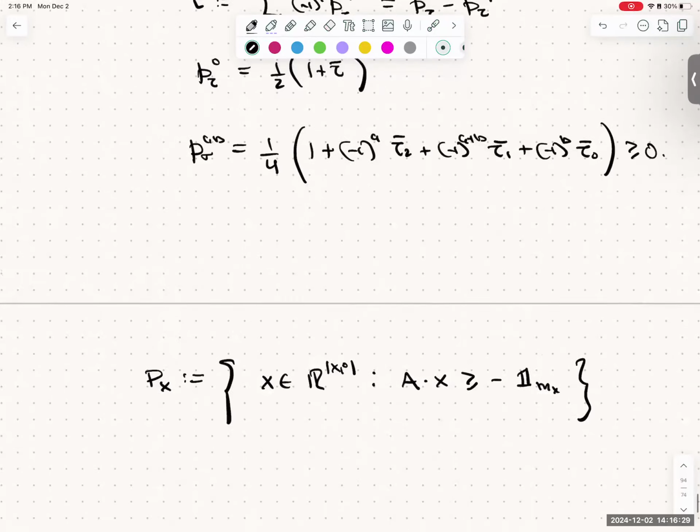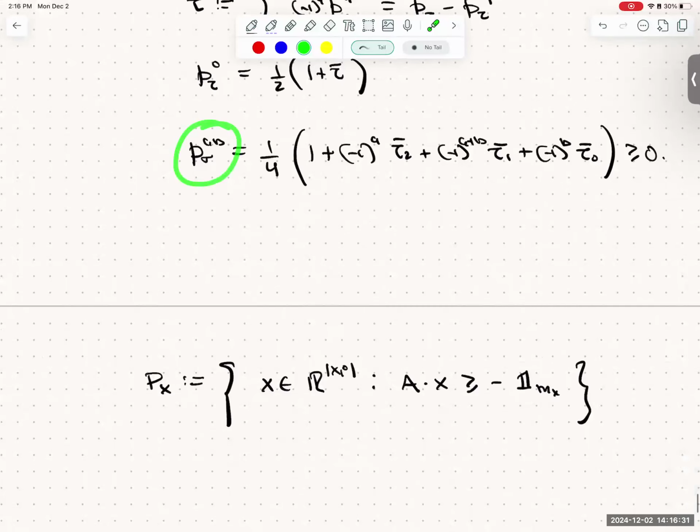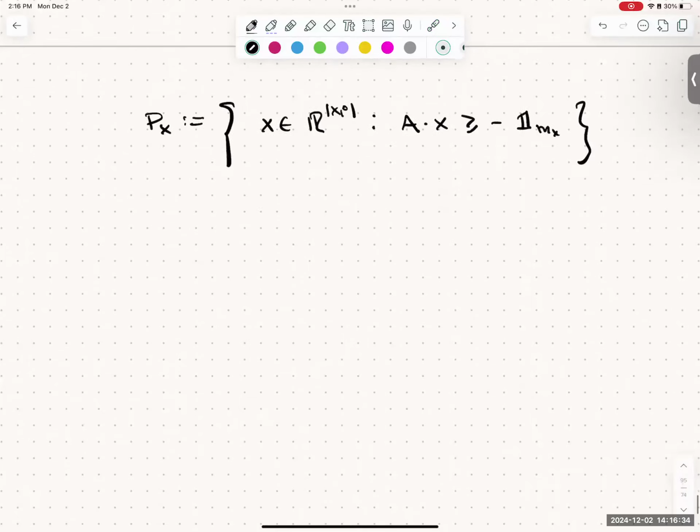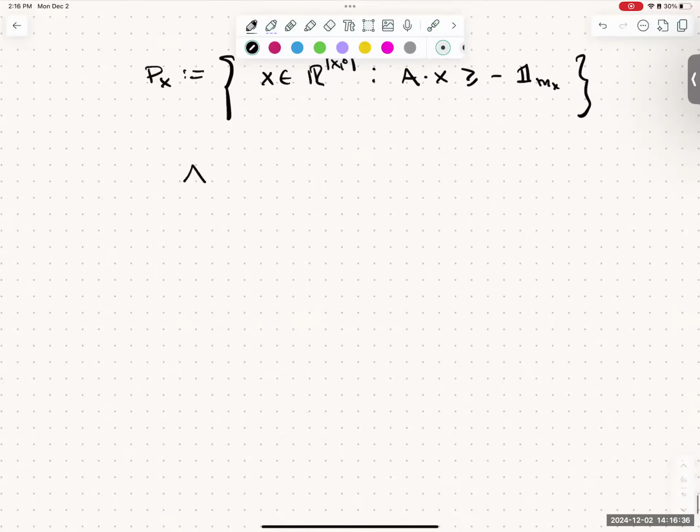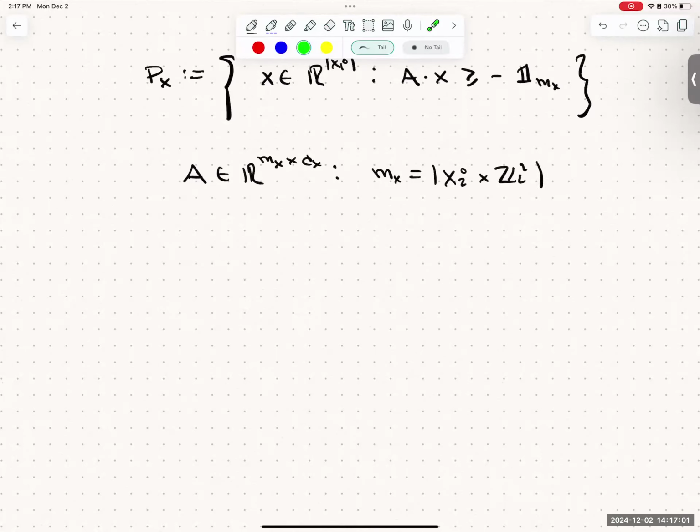And here there's a specific formula for A. Essentially, we're just trying to reproduce these inequalities for every simplex. So A is a real matrix, mx cross dx. Here mx is equal to X2,0 cross Z2,2. What is this?